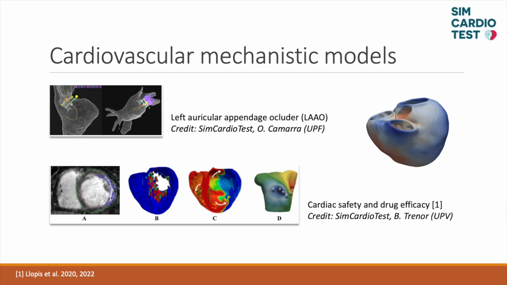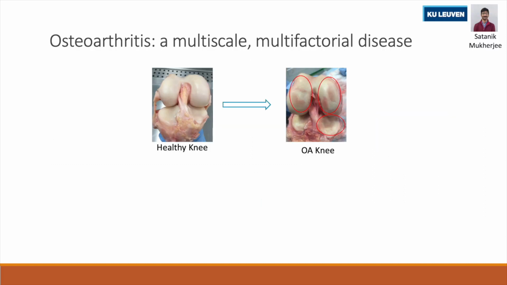So most of the applications are seen in the cardiovascular field. These are some examples of knowledge-based models from a project called SimCardioTest. But I also wanted to highlight another example from the musculoskeletal field that is closer to my heart, because I've done some research on this.